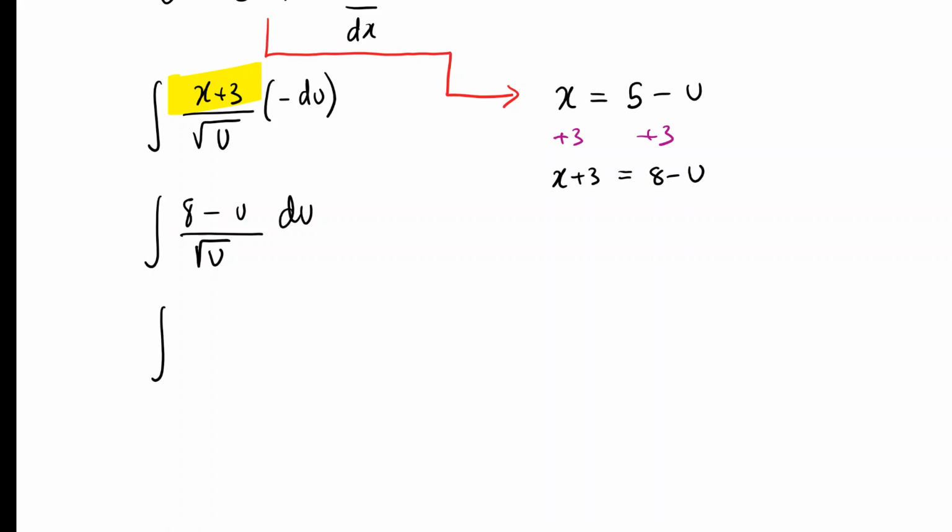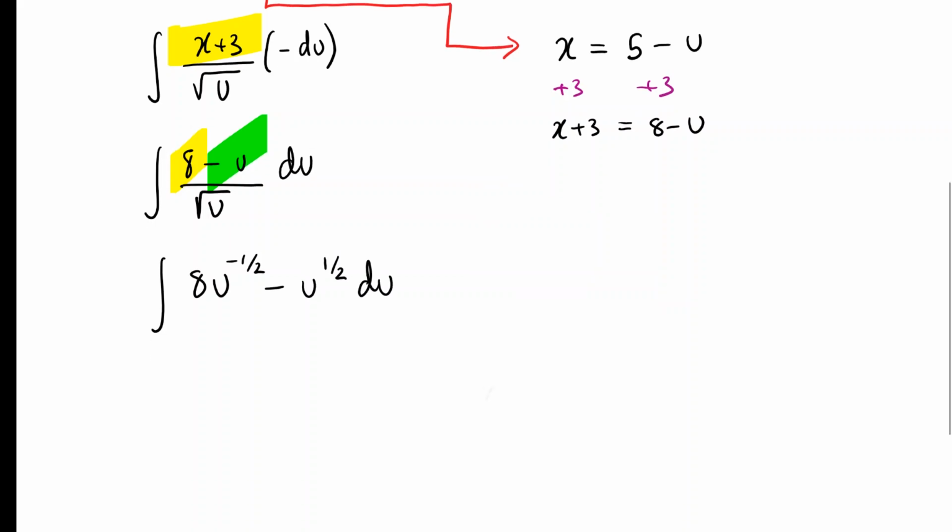This can be simplified. Each part of the top can be separately divided by the denominator. So we would have 8u to the minus 1/2 minus u to the power of 1/2 du.